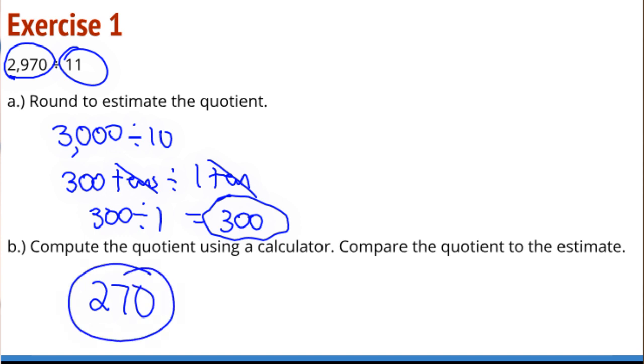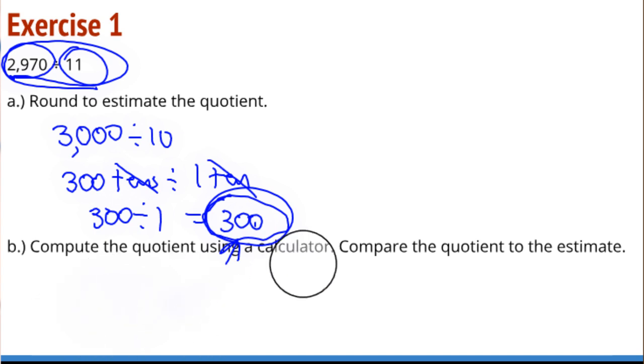Now the question is, is my answer compared to my estimate pretty reasonable? Well, looking at the size of the numbers that we're working with here, thousands divided by tens, to be within 30, I would say that I've got a pretty reasonable estimate. And of course, the calculator told me what the answer is. So 300 is a reasonable estimate, and I've got a quotient of 270.